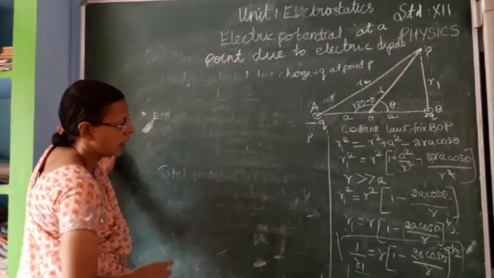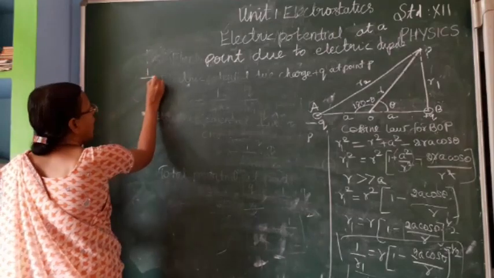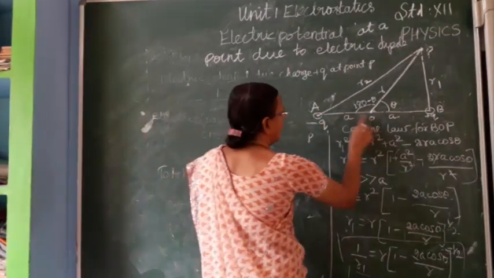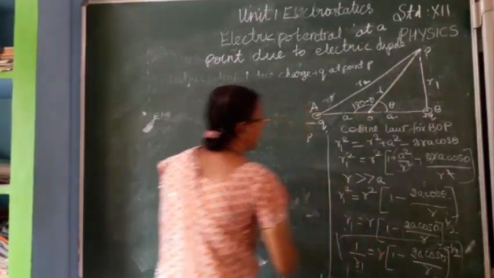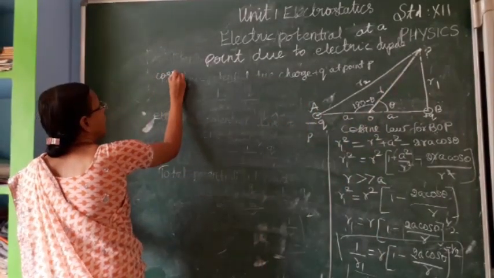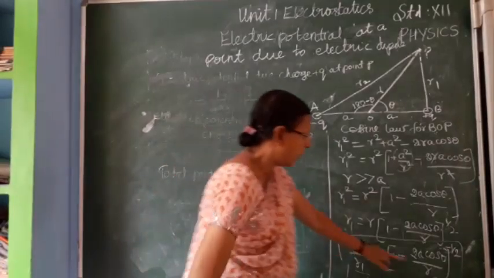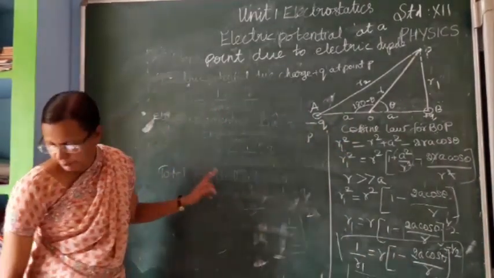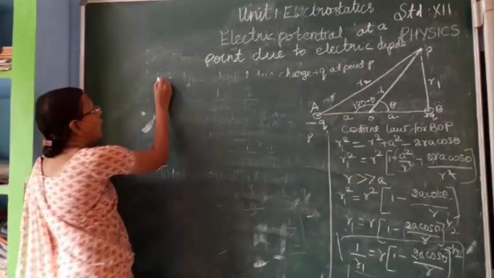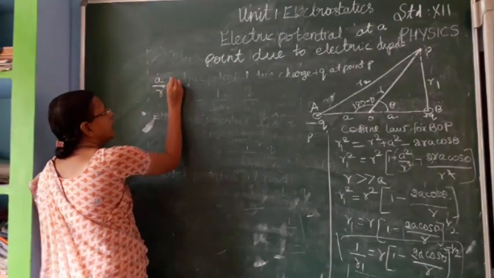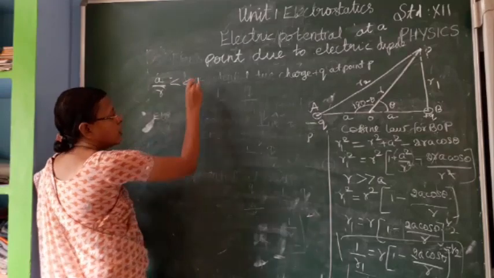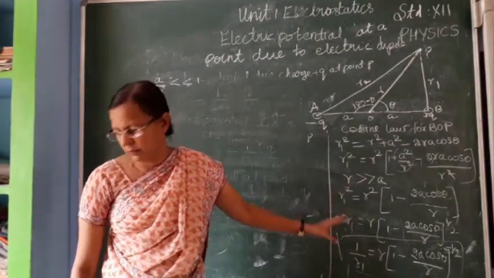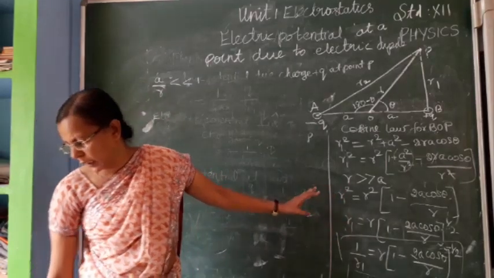Now we want to find R2, that is 1 by R2. So for finding 1 by R2, we use the cosine law for AOP. But before that, children, this term we have to write in terms of A by R. A by R is very much less than 1, so we have to use the binomial theorem here.